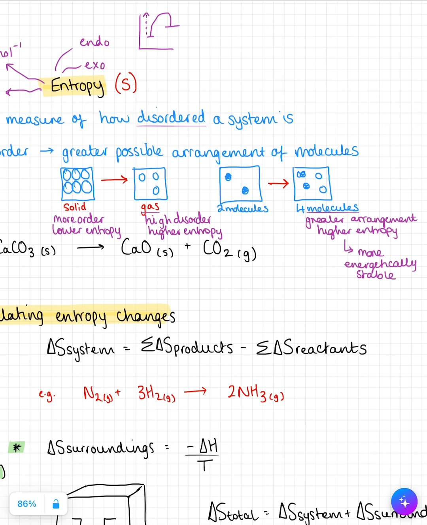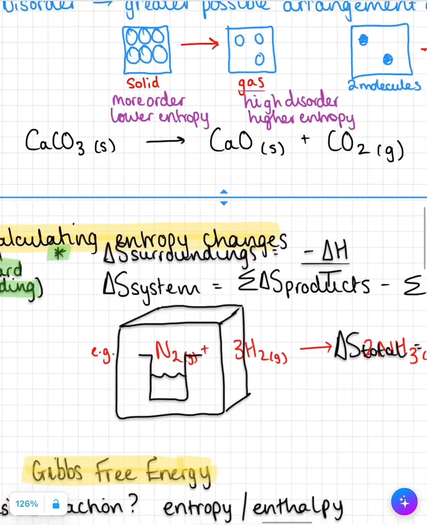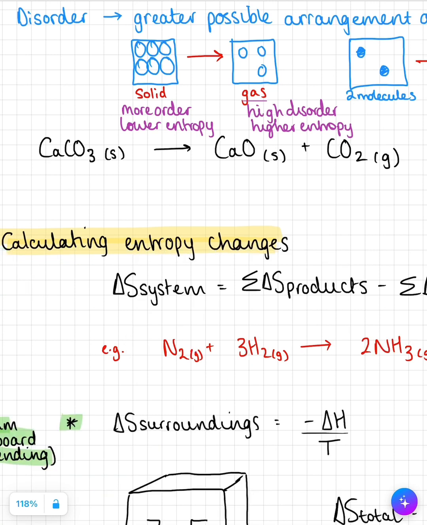For example, the reaction between calcium carbonate forming calcium oxide and carbon dioxide. This is the thermal decomposition of calcium carbonate. We note calcium carbonate is a solid and we have one lot of calcium carbonate. Our products are a mixture of a solid and a gas.